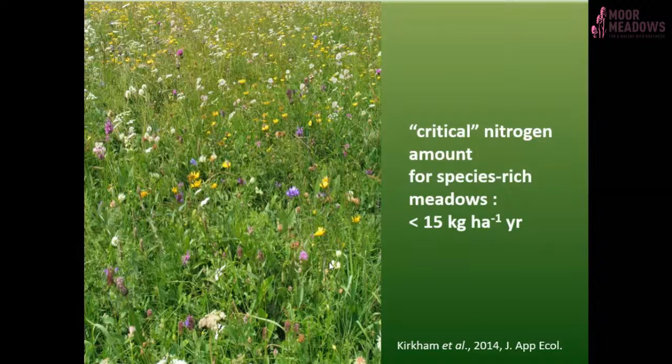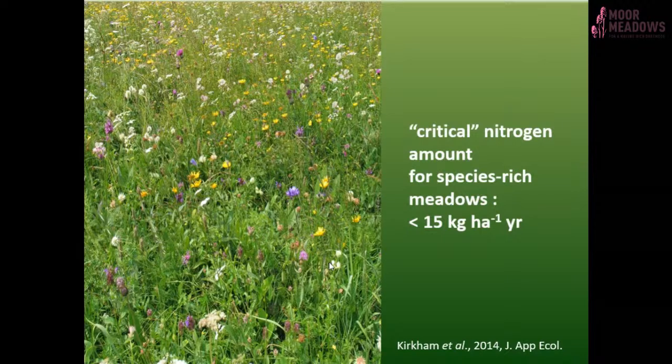Phosphorus levels within grasslands, and particularly within species-rich grassland, are incredibly low. If people are familiar with the soil index, which you get when you get your land analyzed by the fertilizer manufacturers, they will talk about an index of 0, 1, 2, 3, or 4. The higher the figure, the more plant available nutrients there are.